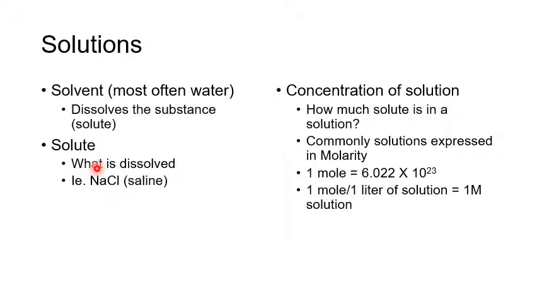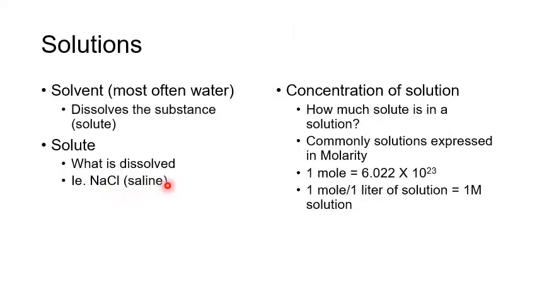Okay, a common solution that you are probably pretty aware of is saline. And that's simply that ionic compound, NaCl. Remember, ionic compounds dissociate, so that sodium will become a cation, and that chloride will become an anion. Negative charge chloride, positive charge sodium ion.